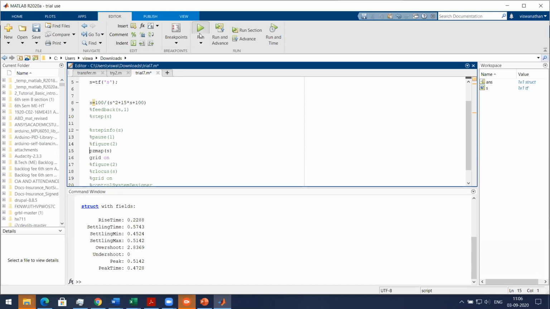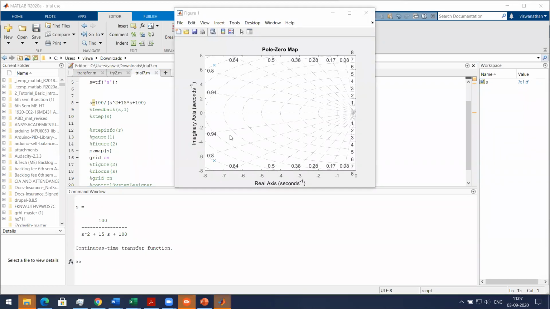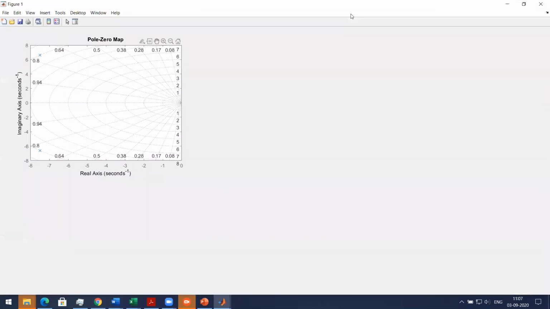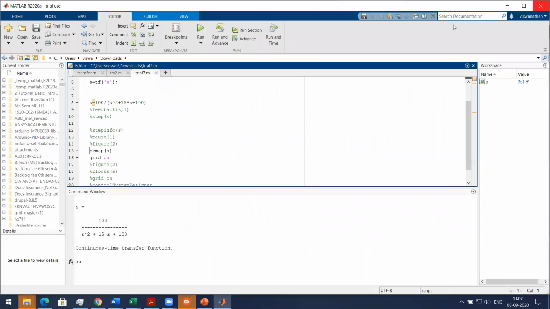If you run the pole zero map, it's the same pole zero map, just that the damping ratio lines are drawn. You see two poles here, same real axis, imaginary axis, everything same, and for this problem the damping ratio is given as 0.75, overshoot is 2.84%, the frequency is 10.